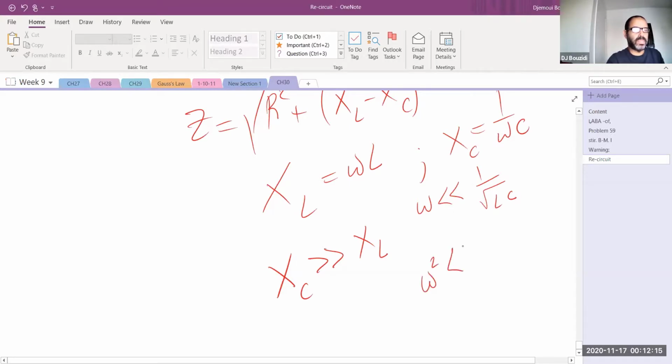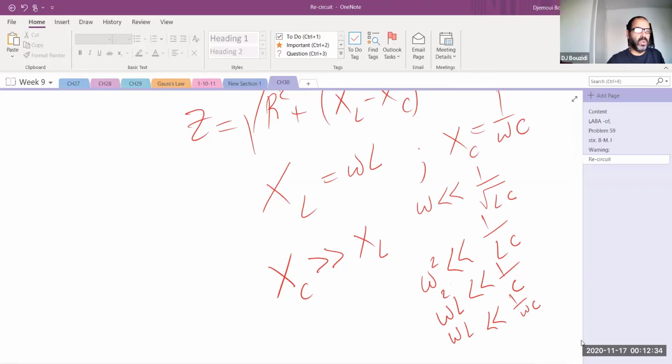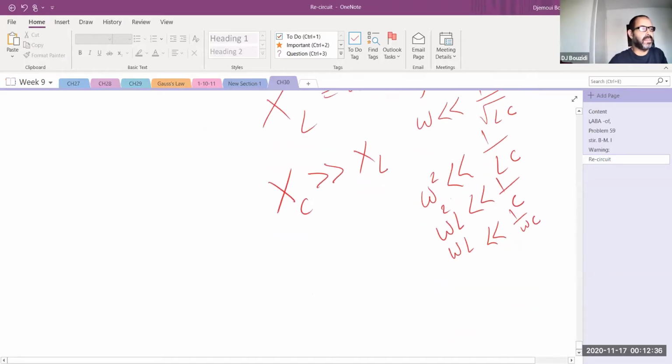That means omega squared is much, much less than 1 over LC. Multiply by L, so you'll have omega squared L much, much less than 1 over C. And divide by one of the omegas, so you'll be left with omega L much, much less than 1 over omega C. In other words, XC will be very big compared to XL.